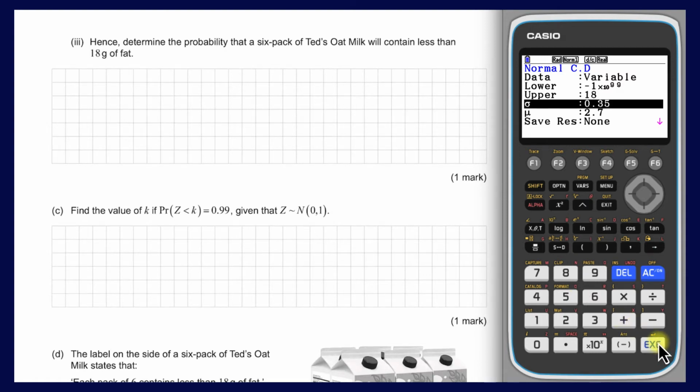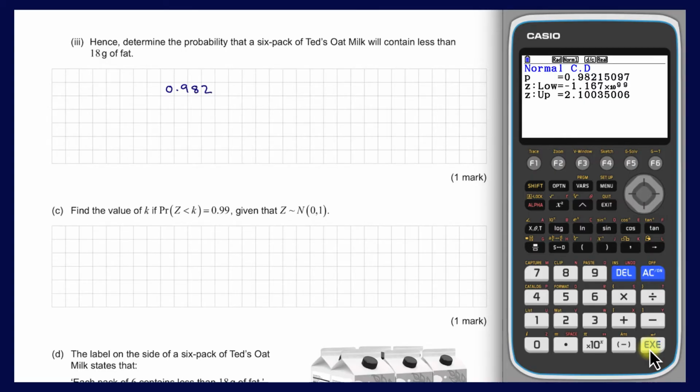But we're going to use the standard deviation that we've just recently calculated, 0.857 from the previous page, and the mean would be 16.2.